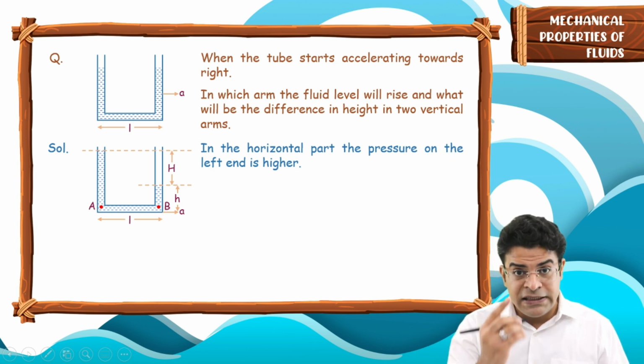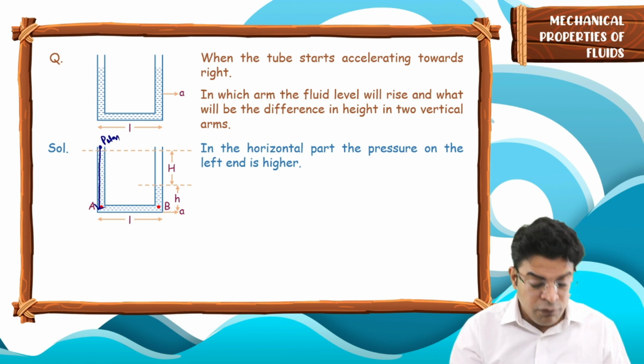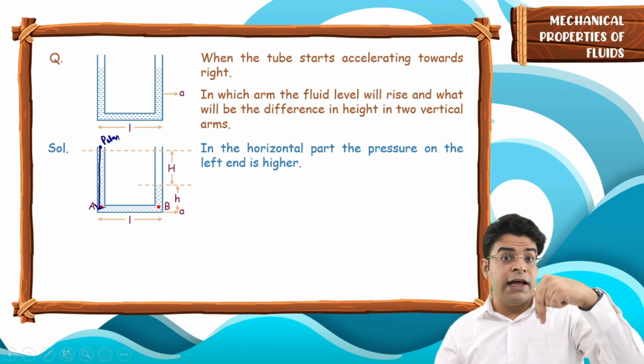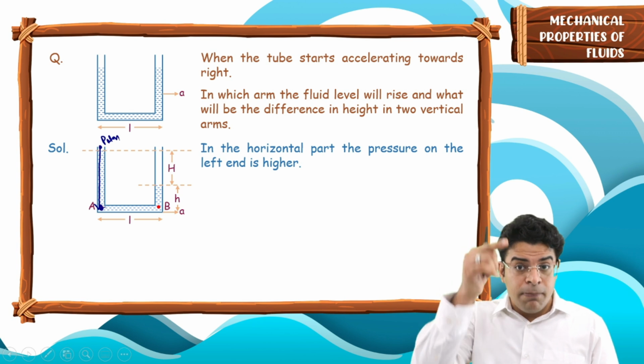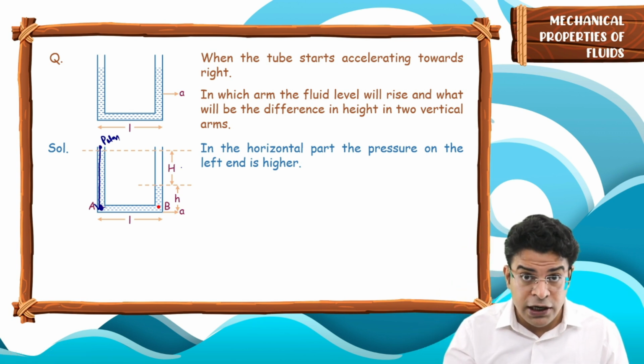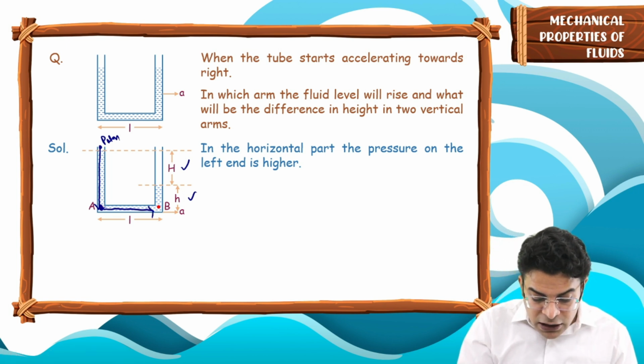Now how to write the equation? Start from this topmost point, P atm. Moving down, the pressure will increase because of gravity. So at this point A, you will write pressure to be P atm plus rho g into H plus h. Moving from A to B, the pressure will decrease.